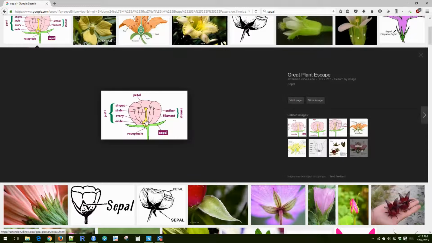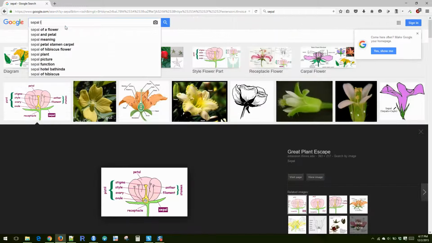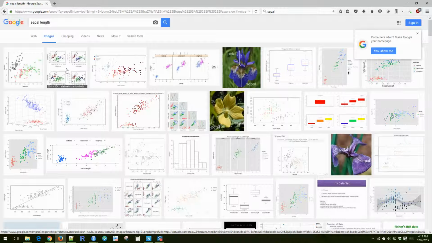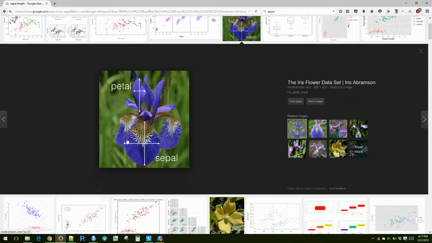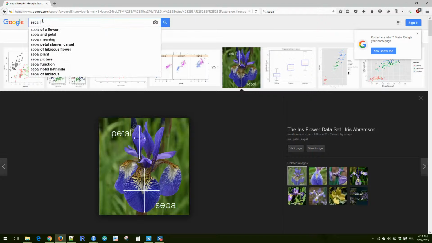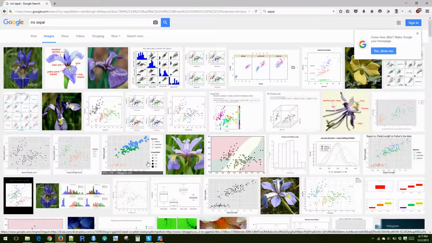All right, so you've got the sepals and you got the petal. Everybody talks about the data set. Now, if I look up iris sepal, it's going to be just stupid.